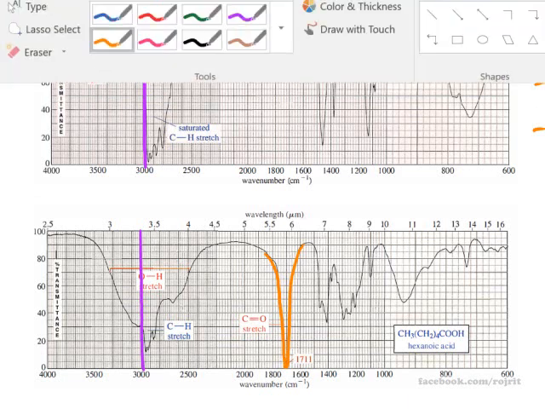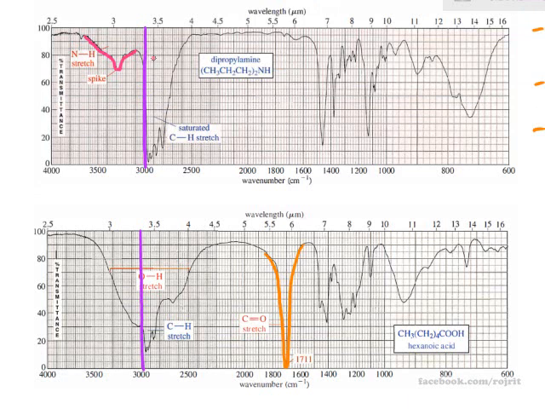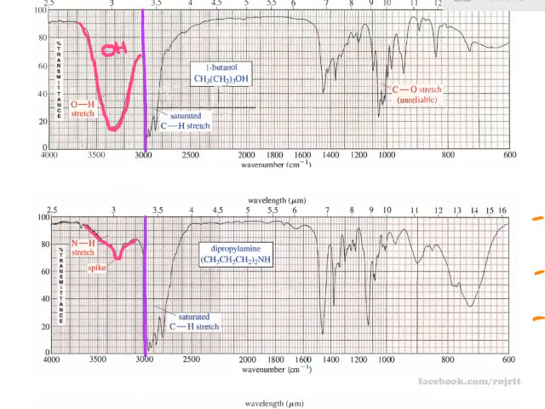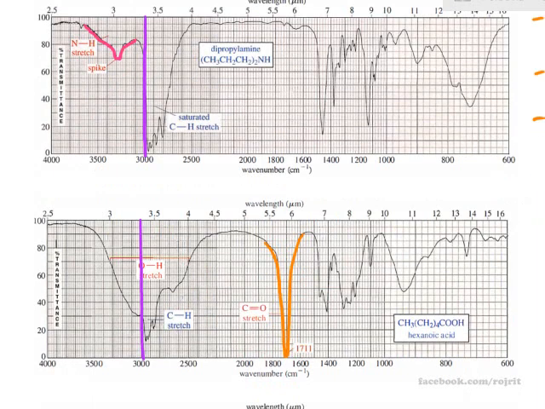But for carboxylic acid, you have OH. In alcohol, the zenith of the OH peak is about 3,300, but the zenith of the absorption of the OH of the carboxylic acid is about 3,000.